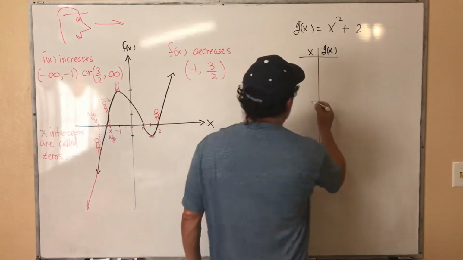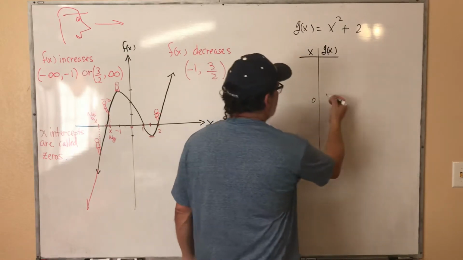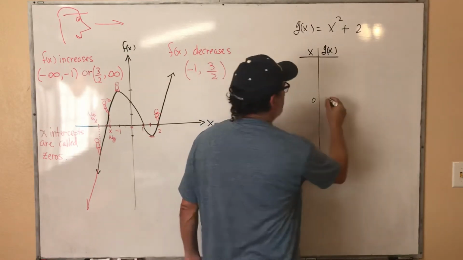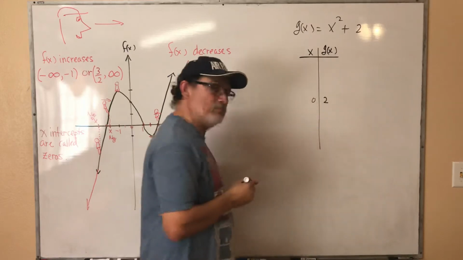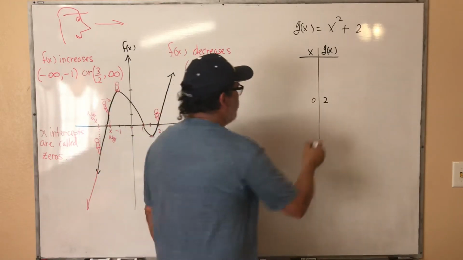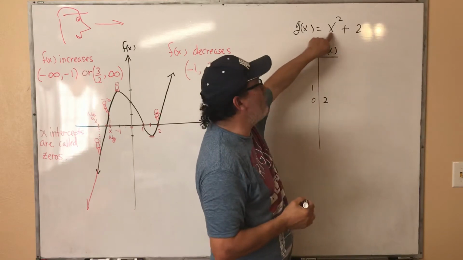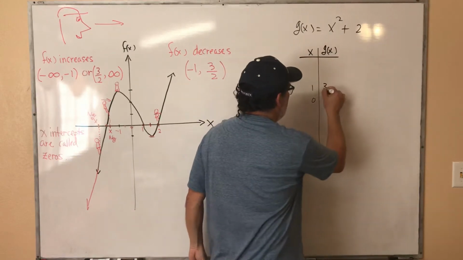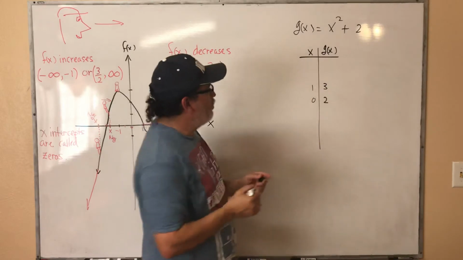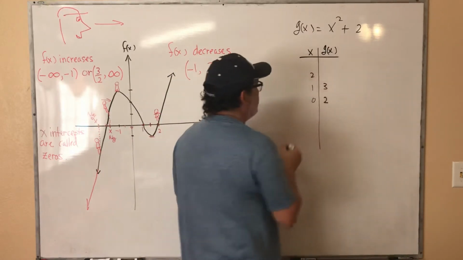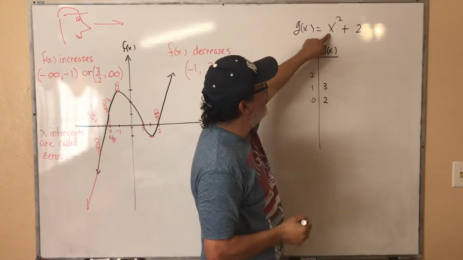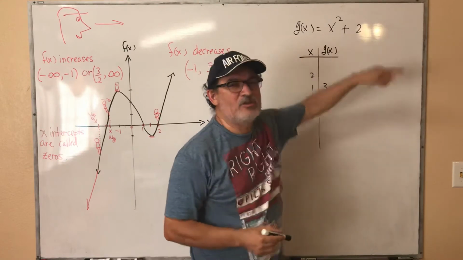When x is 0, what's g of 0? 2. Okay, when x is 1, what's 1 squared? 1 plus 2, 3. When x is 2, what's 2 squared? 4. Plus 2, 6.